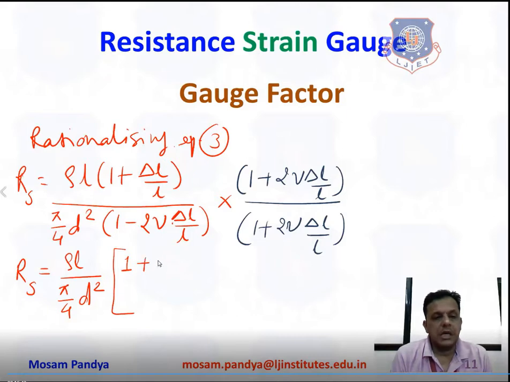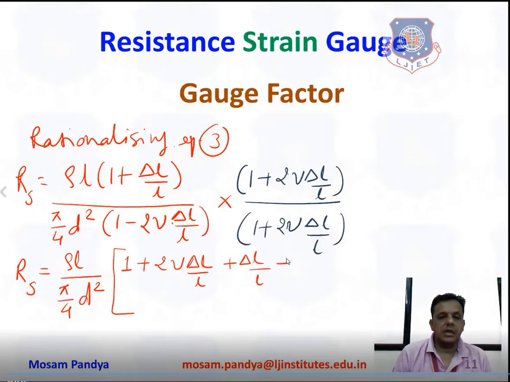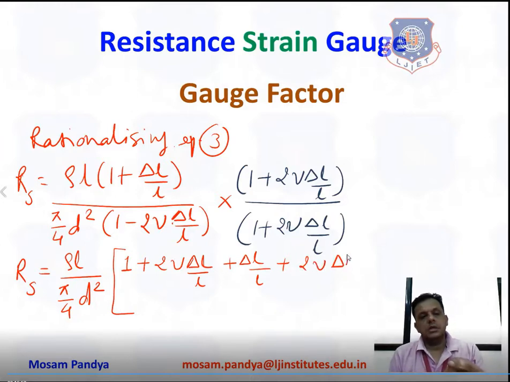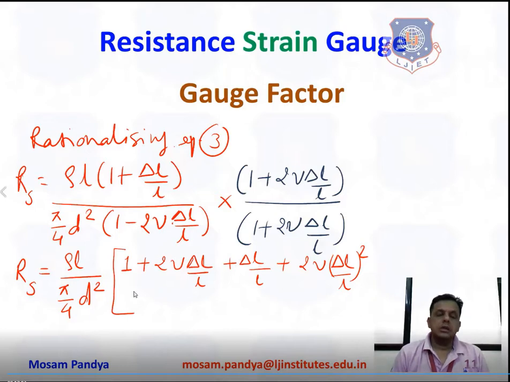So numerator is taking place like 1 plus 2 mu into delta L upon L plus delta L upon L. Actually we are multiplying the two entire brackets of the numerator.